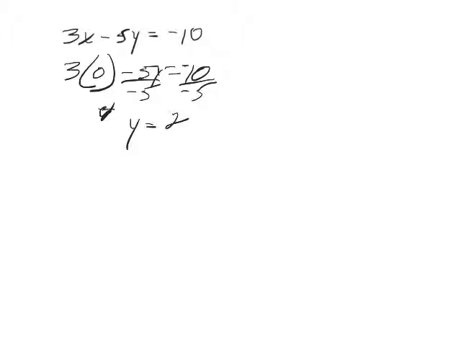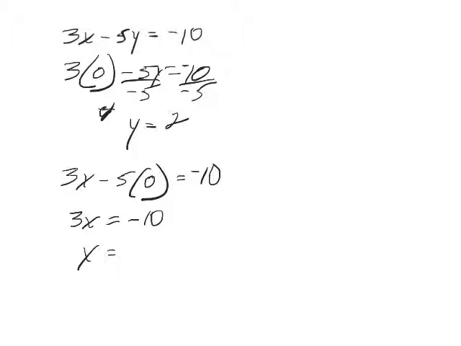And now we're going to take 3x minus 5 times 0 to find the x-intercept equals -10. So 3x equals -10, so x equals -10 thirds, or 3 1/3.